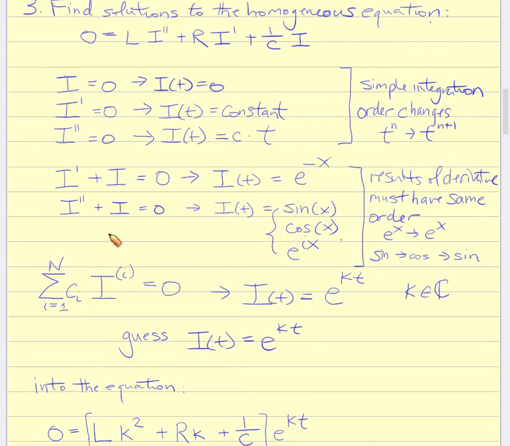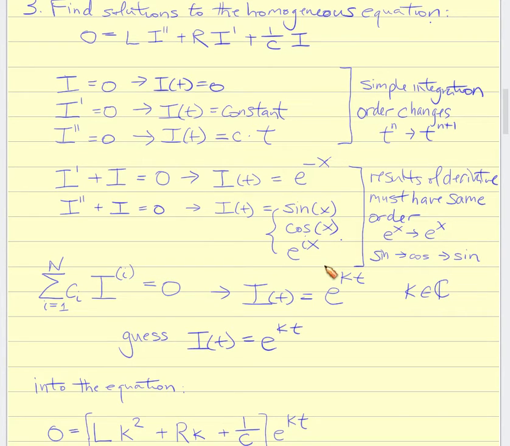It's negative back. But another function, e to the ix, where i is the imaginary number, a complex number I guess, also has that property. And really, sine and cosine can be expressed in terms of e to the complex number x, some combination of e to the something x's.